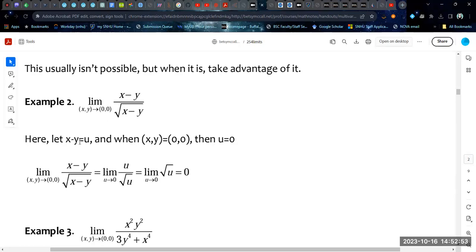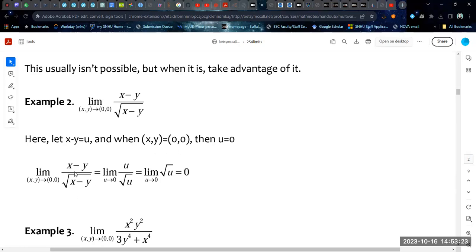You can put in a dummy value, like a u substitution, let x minus y equal u, and then you can simplify the algebra very easily, and then plug in your limit. And because you're just letting any combination of x and y be 0, you're not really caring about how you get to the origin, only that you get there.